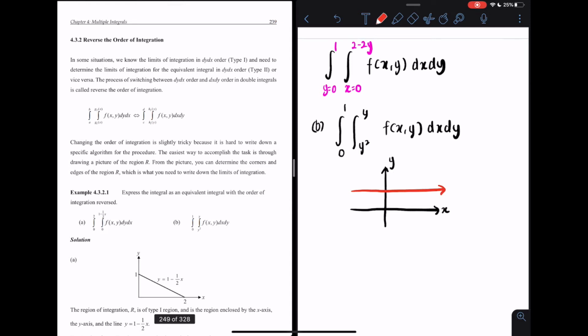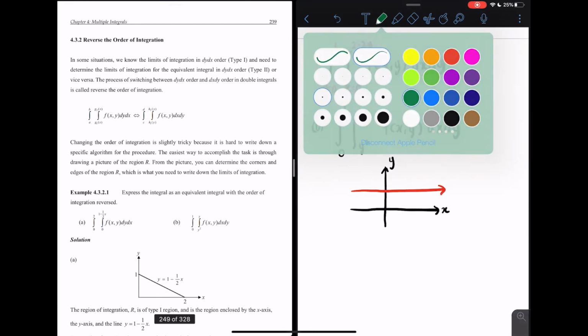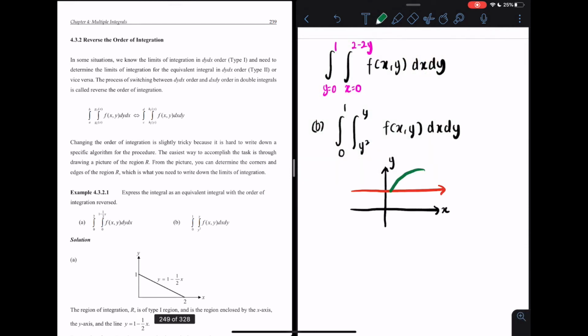According to your knowledge, x is equal to y squared will give you a parabola, and this parabola will look like a C shape. I will use this color, so you will see this shape first, and then you will see x is equal to y. x is equal to y will give you a straight line.